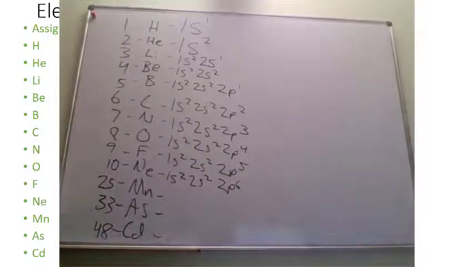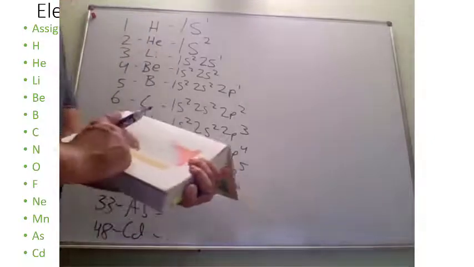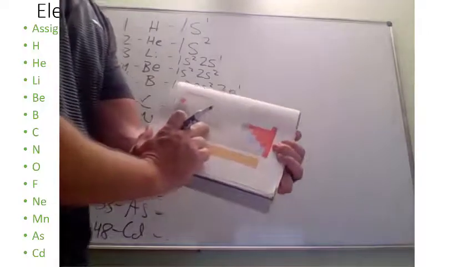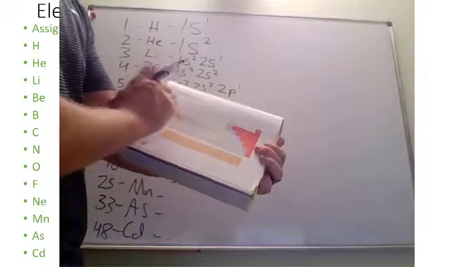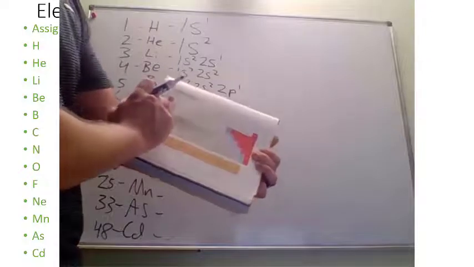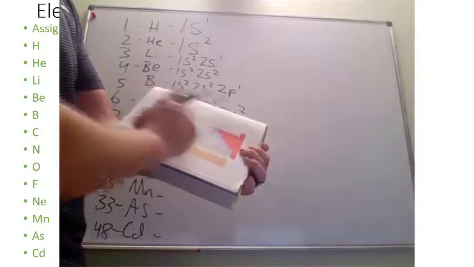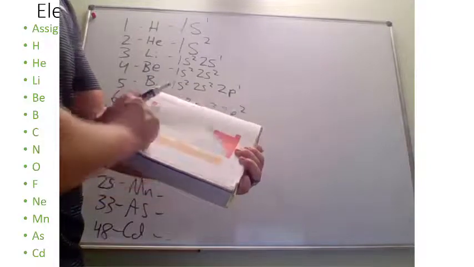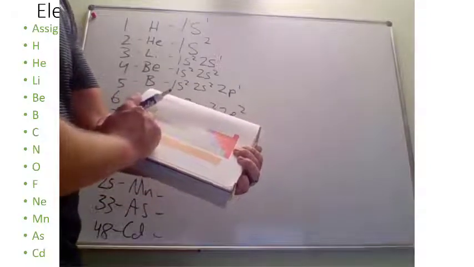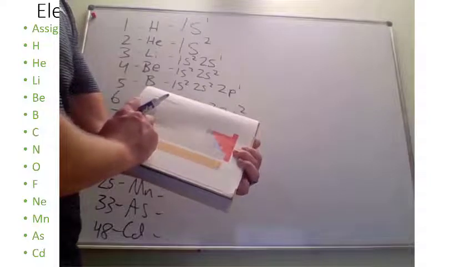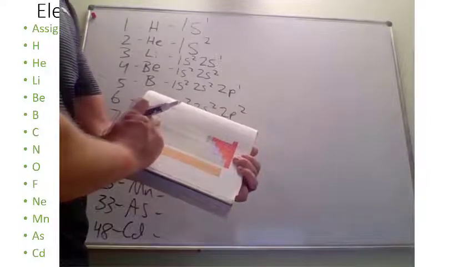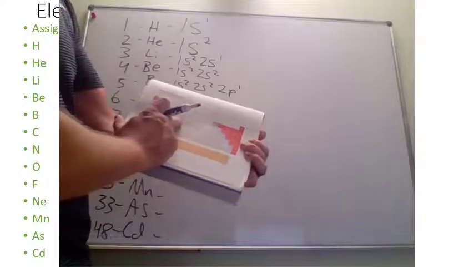And then for manganese, we have 25. So we locate manganese on here, and so that's in our D block. So we know we're going to go 1s2, 2s2, 2p6, 3s2, 3p6, 4s2, and then we enter our D block, which again is an energy level 3, and we just count 1, 2, 3, 4, 5.